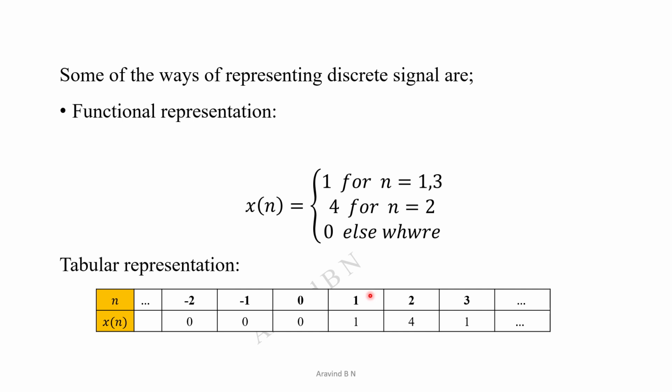At n equal to 2, the value is equal to 4. And elsewhere it is equal to 0, so 0, 0, 0, and if we proceed further also 0, 0, 0. This is called the tabular way of representing the same function.